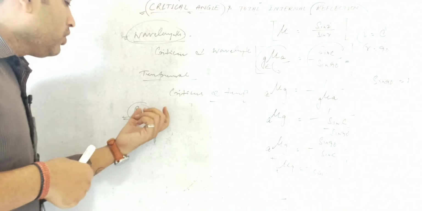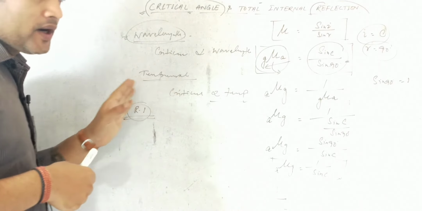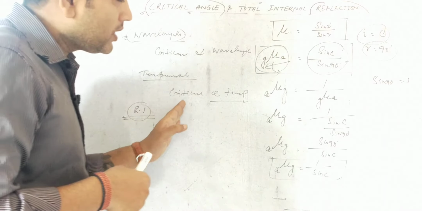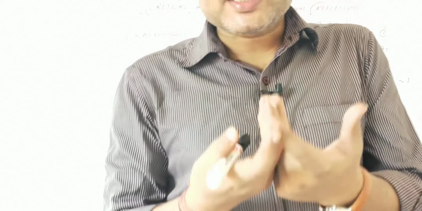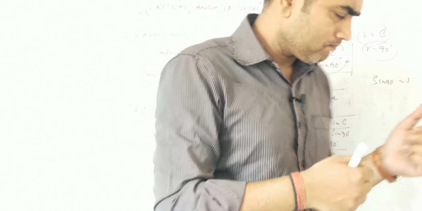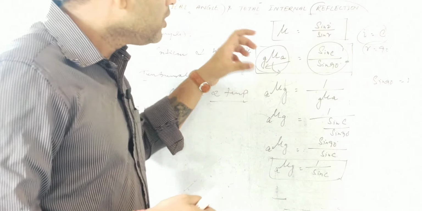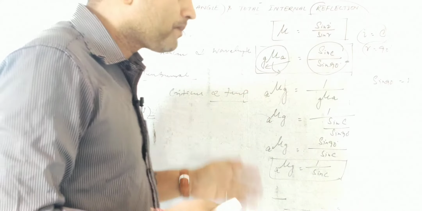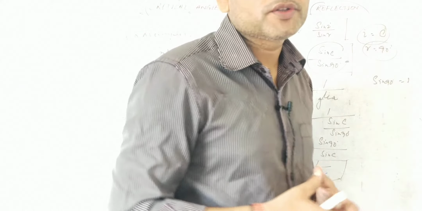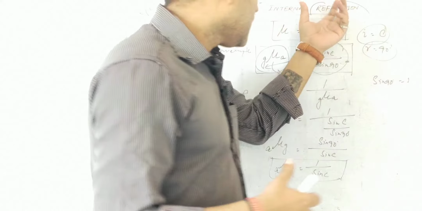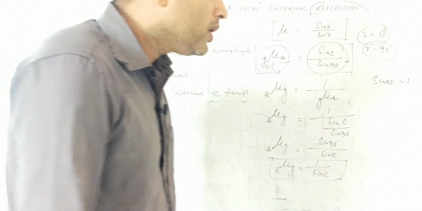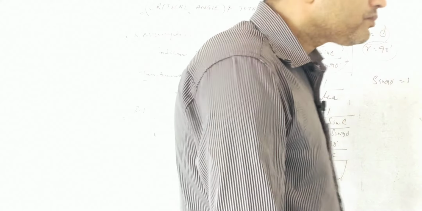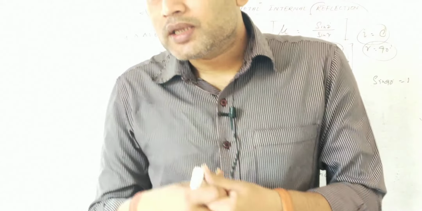If the angle of incidence in the denser medium is greater than the critical angle, the ray of light will not suffer refraction, it will suffer reflection, and that is called total internal reflection. And third, we understood the factors and the relation between the refractive index and the critical angle.